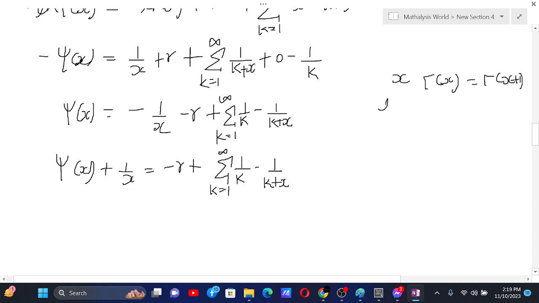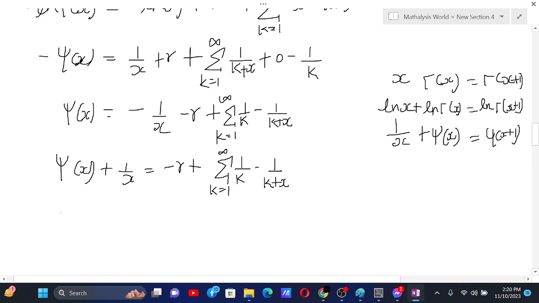If we take log, we have log x plus log gamma x equals log gamma of x plus 1. Now if we differentiate this, the derivative of log x is 1 by x, this is digamma of x, and this is digamma of x plus 1. So we see this is just digamma of x plus 1, which is the negative of the Euler-Mascheroni constant plus summation from k equals 1 to infinity of 1 by k minus 1 by k plus x.